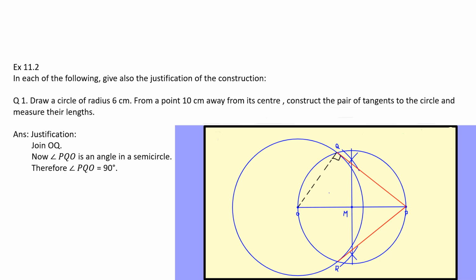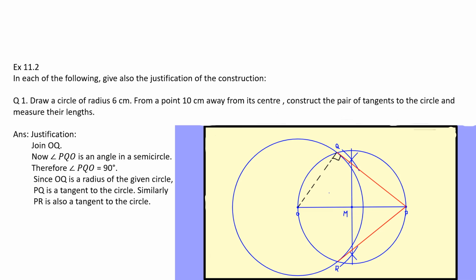Therefore, this angle will be 90 degrees. Angle PQO will be 90 degrees. Now again with that theorem itself, OQ is the radius of the circle, and at the point of contact you have a perpendicular, that is 90 degrees. This PQ should act as a tangent to the circle. So since OQ is the radius, PQ is a tangent to the circle. Similarly, PR is also a tangent to the circle.